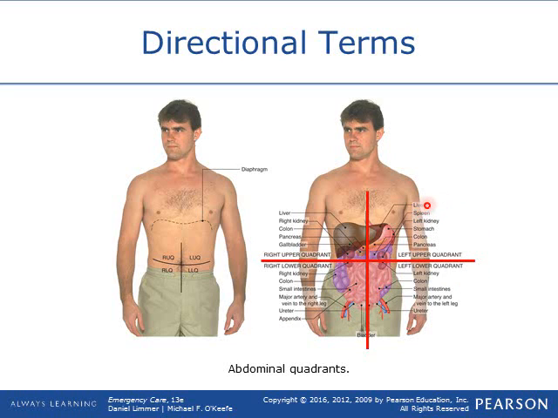Left upper is the liver, spleen, left kidney, stomach, colon, and pancreas. And the left lower is a little bit of the left kidney, colon, small intestines, major arteries and veins coming up from the left leg, and your ureters on both sides. Because your bladder kinda is right in the middle, right on the line.